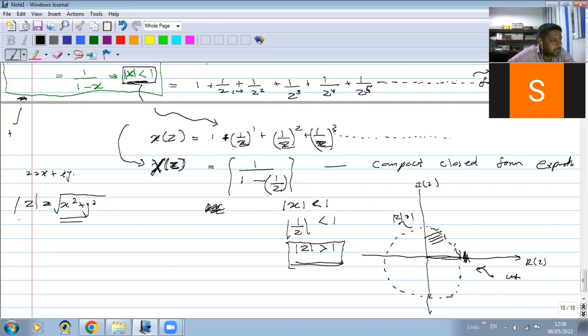Okay, so if it is 1, this is not a unit circle, no? This is not a unit circle. I think I was wrong. Okay, I will draw it again.